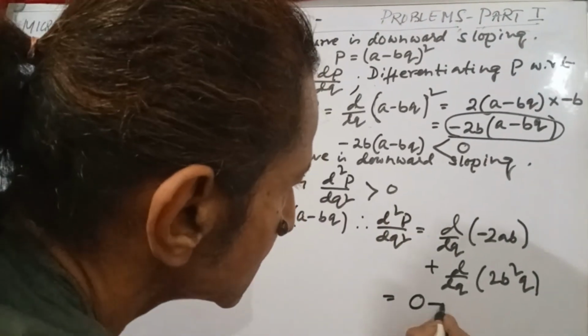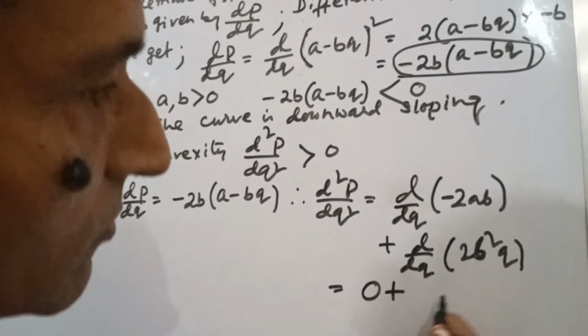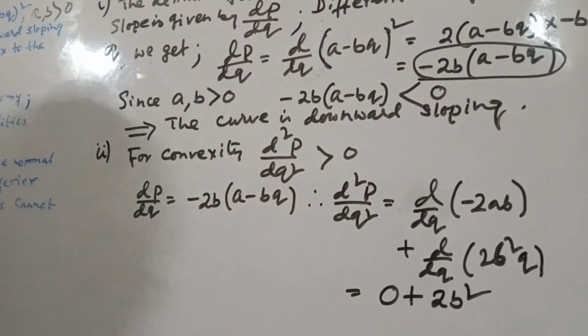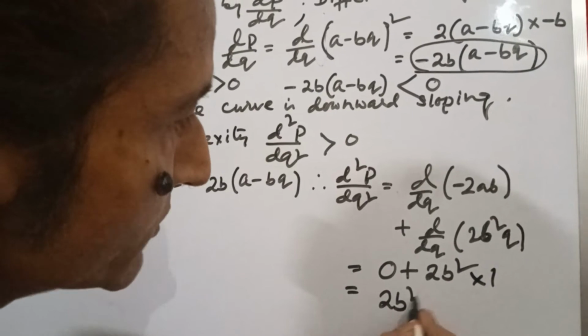So 0 plus, if we differentiate 2B square Q, we get 2B square into 1 equals 2B square.